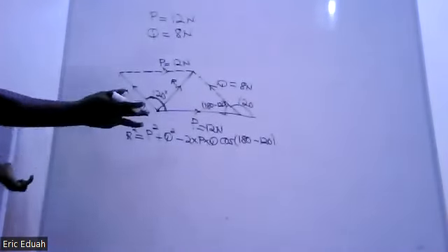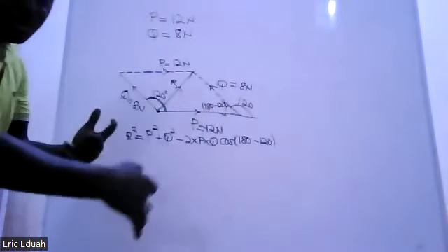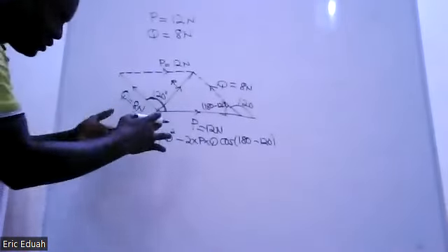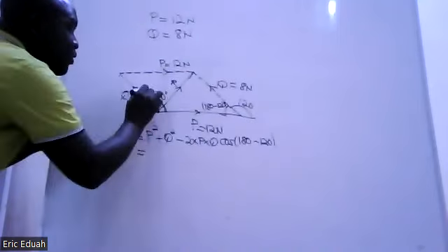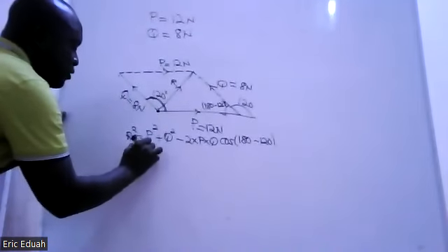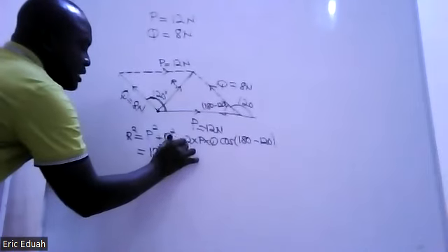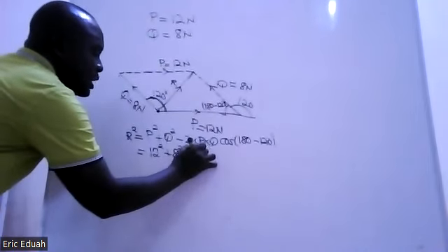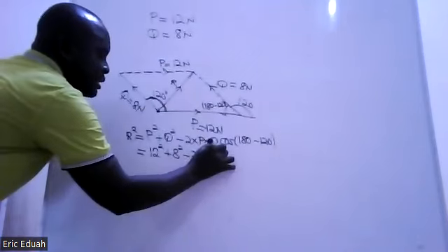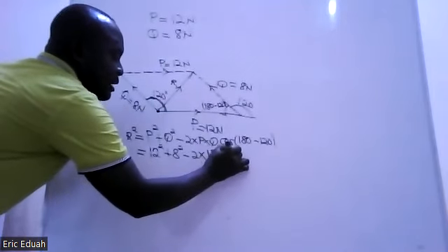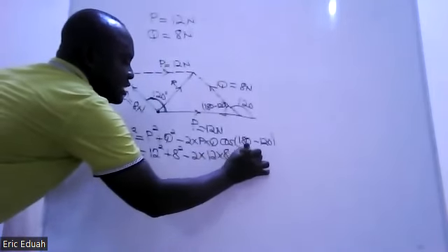I know it is equal to 60, but we are going through the method. So now what is P? P is 12. So 12 squared plus 8 squared minus 2 times 12 times 8 times cos of 60.